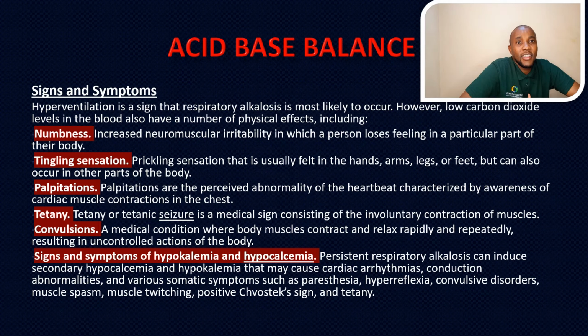A respiratory alkalosis patient can also exhibit convulsions, which is a medical condition where body muscles contract and relax rapidly and repeatedly, resulting in uncontrolled actions of the body. Another important point I would have you remember for the purpose of your exam is that signs and symptoms of hypokalemia and hypocalcemia can also be seen in patients with respiratory alkalosis.